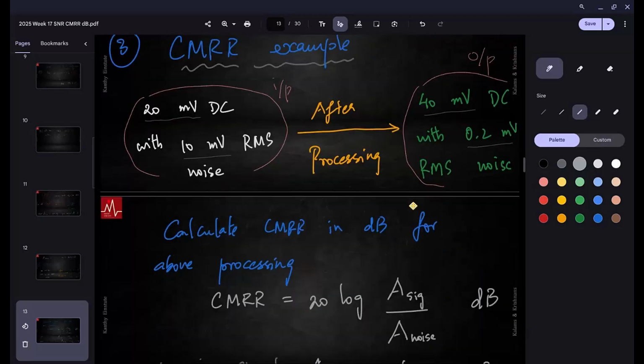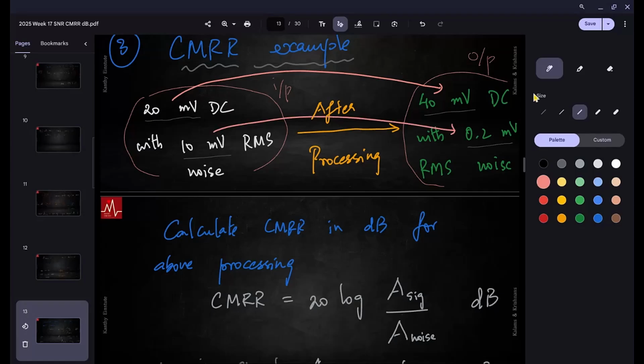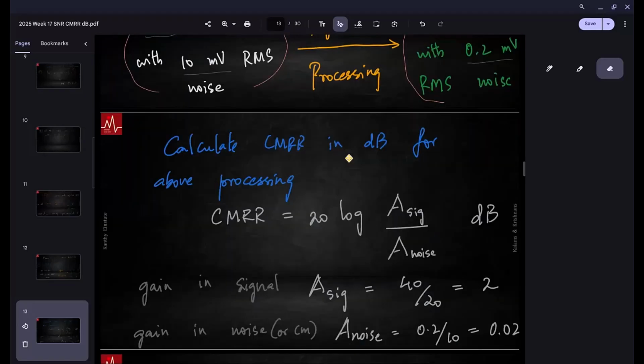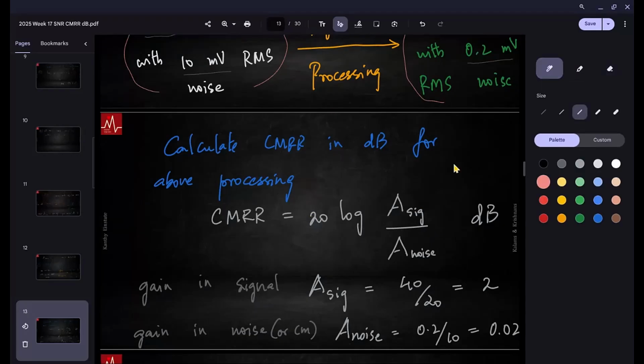See, notice the processing you're doing, some nice things are happening. Your signal is getting better. Your noise is also getting better. Noise is getting weaker. Signal is getting stronger. Okay? And your CMRR tells you how good your processing is.